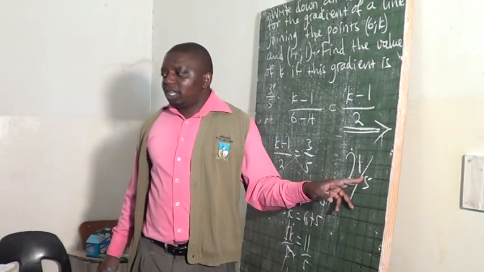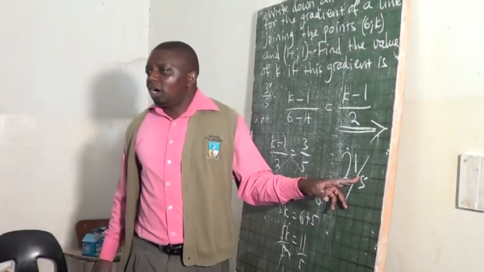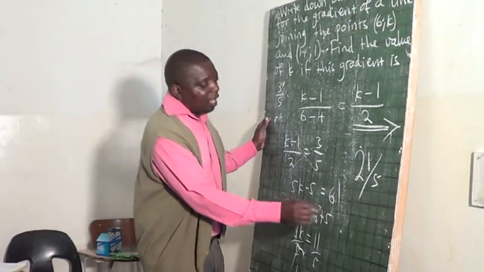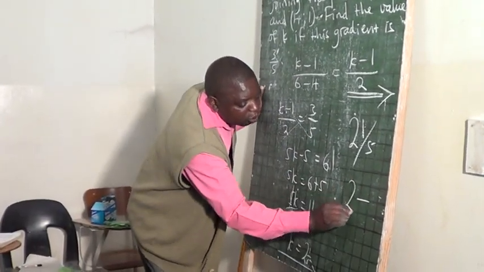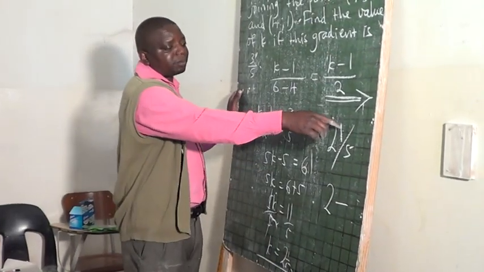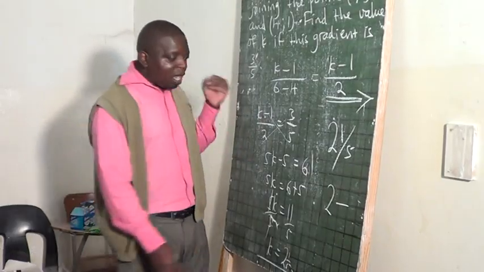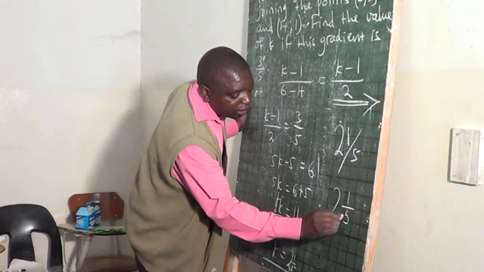Never use a slanted fraction sign in writing, it is informal. So we use the horizontal fraction line. The 2 is a whole number next to the fraction 1/5, to show that it is a mixed number.